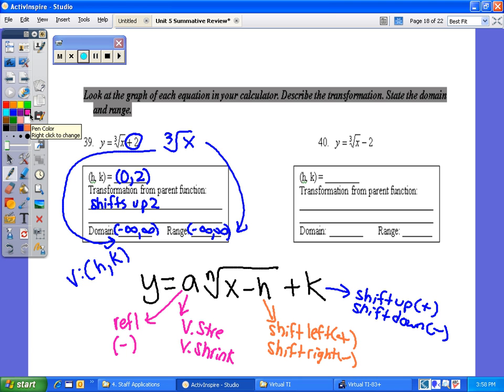Alright, the next one is a cube root as well, and the same thing happens. Okay, it's basically the same answer, but instead of positive 2, it's negative 2. Which means that instead of shifting up, we shift down. Same domain and range. Okay, so remember, a cube root will always have domain and range of all real numbers.